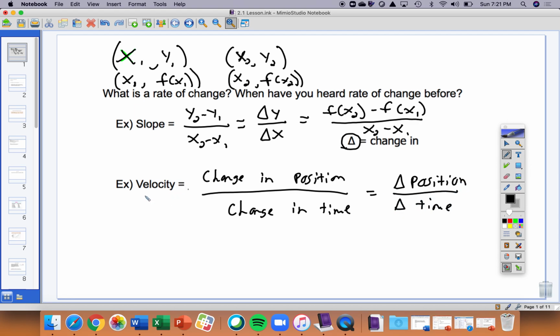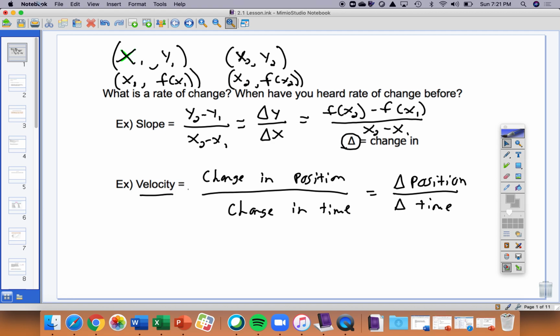And velocity is really a slope. It's a rate of change, because it's how fast a position is changing with respect to time, which is just delta y over delta x, or delta position over delta time.